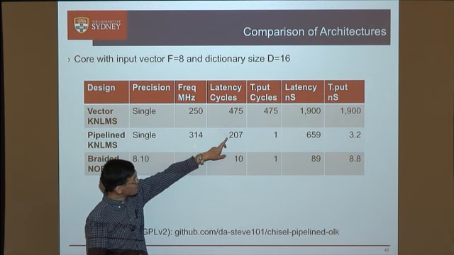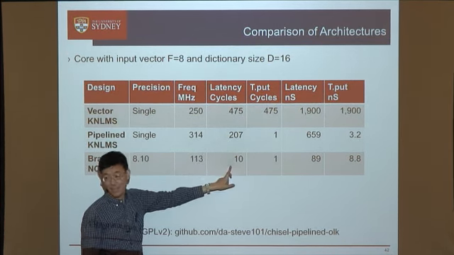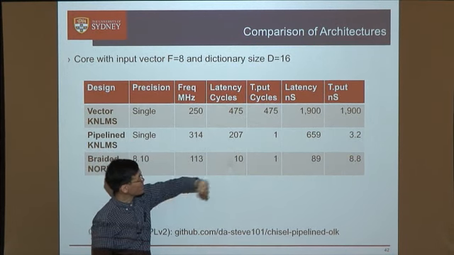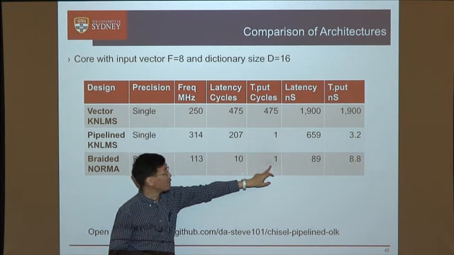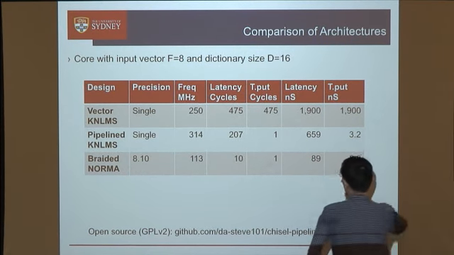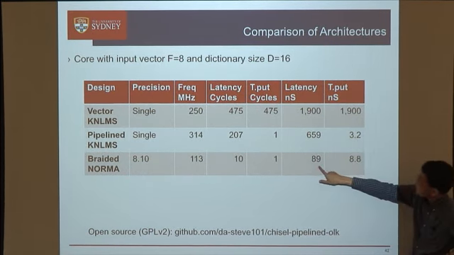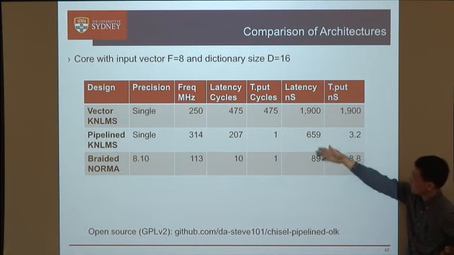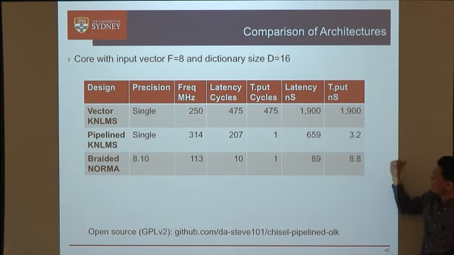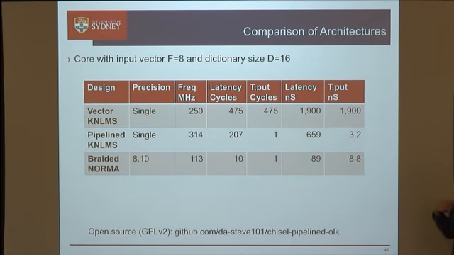But we've been able to reduce the latency from 200 cycles down to 10 cycles. And our throughput is still 1, so we can still take a new input vector every cycle. So that brings our latency down to 89 nanoseconds. The latency is reduced by almost an order of magnitude, and the throughput is reduced by much less, by about 2.5 times.